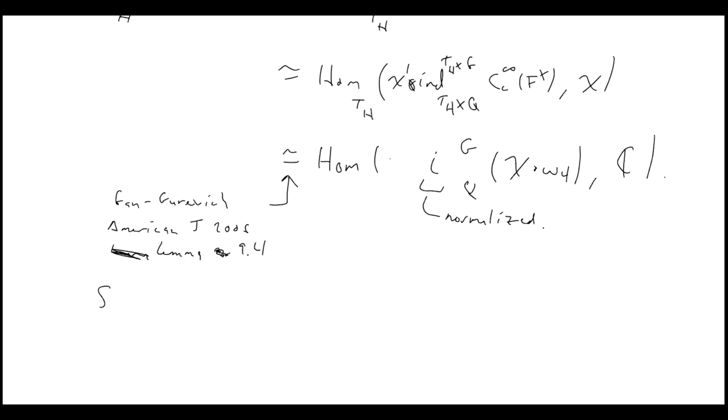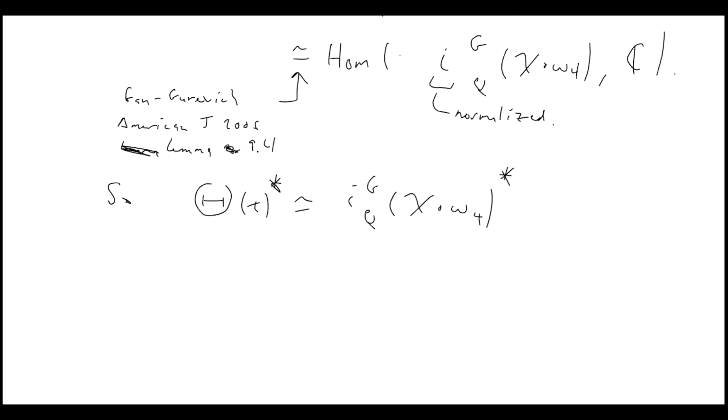So the linear dual of big theta of chi becomes isomorphic to the linear dual of this degenerate principal series. Sorry, the linear dual of the big theta of tau injects into this.